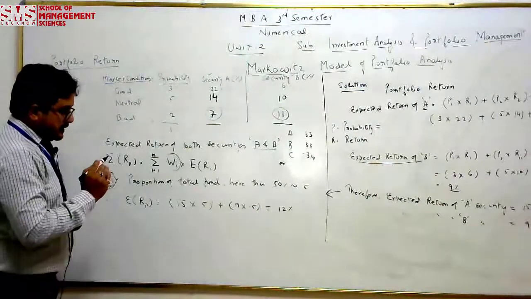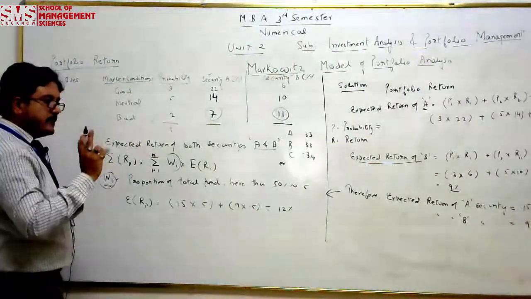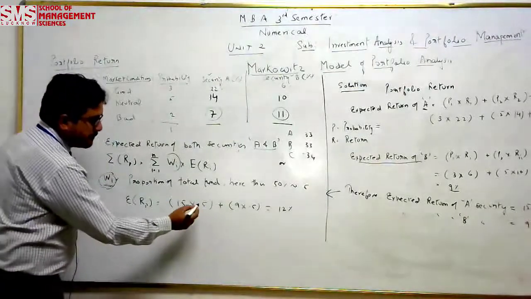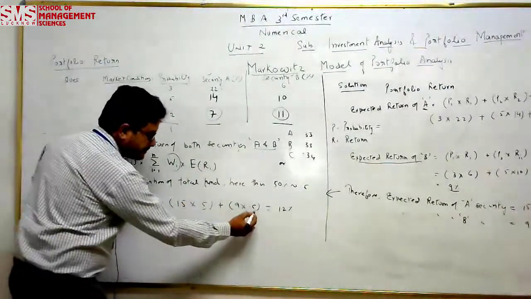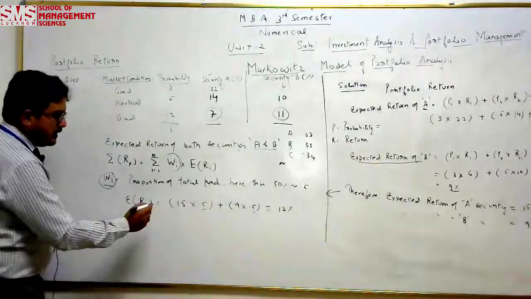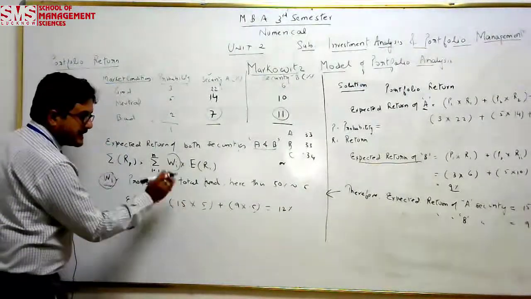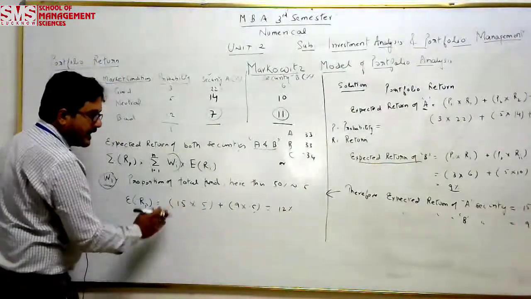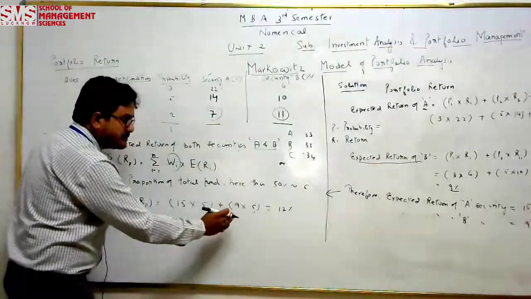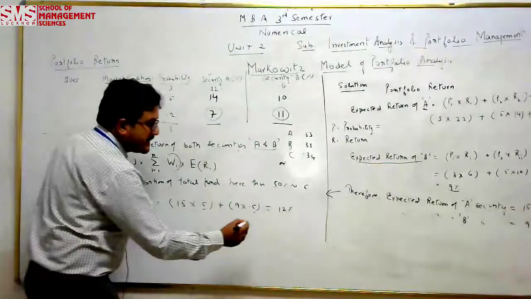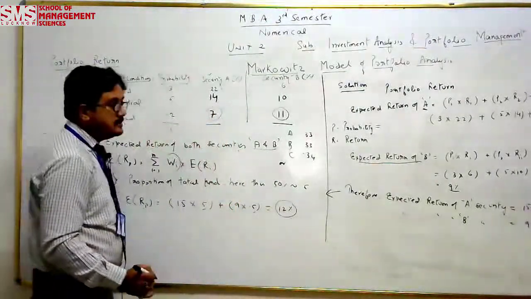Okay. Now, in this case, we have only two securities, therefore the proportion is 0.5 only. Now, multiply the return: the return of A, which is 15%, with 0.5, and the return of B, 9%, with 0.5, and we get the answer 12%.